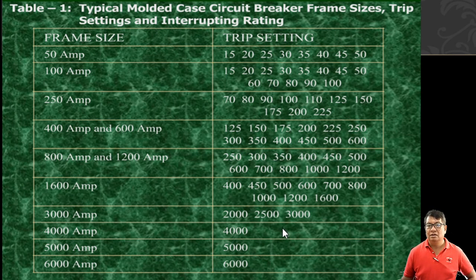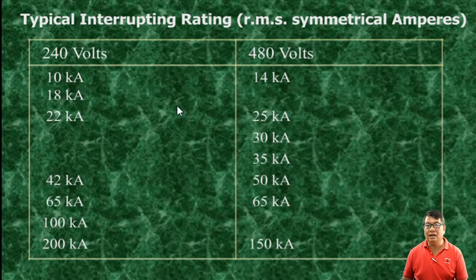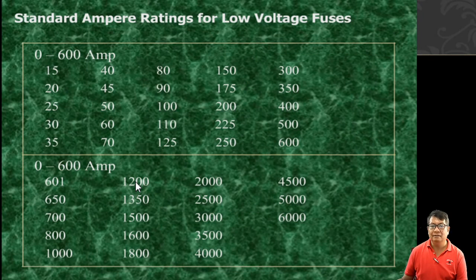So, mayroon din tayong ditong hanggang 6,000. Okay, so typical interrupting rating, or tinatawag natin na RMS symmetrical amperes. For 240 volts, mayroon tayong 10 kiloamperes, 18 kiloamperes, and so on and so forth. Ito po yung mga medyo malalaki na mga rating ng breaker natin or interrupting rating ng protection natin.